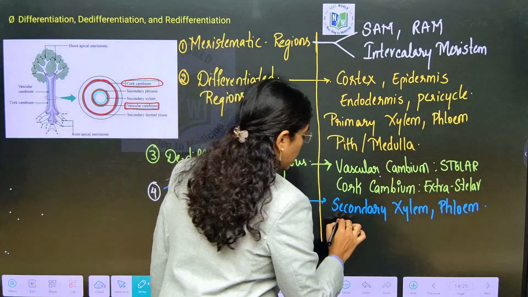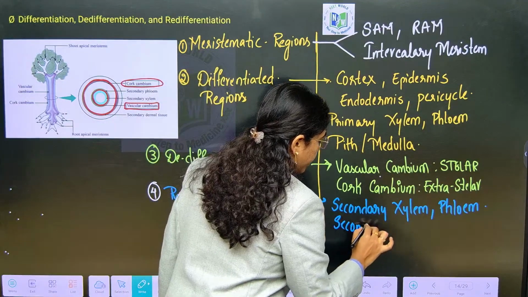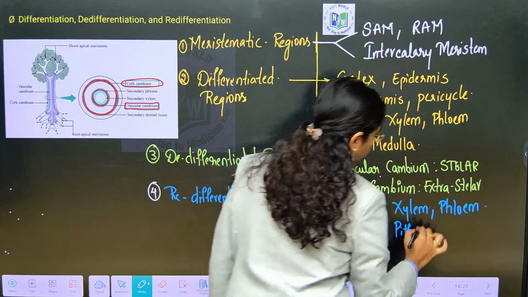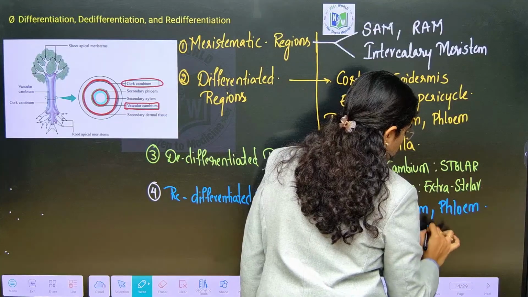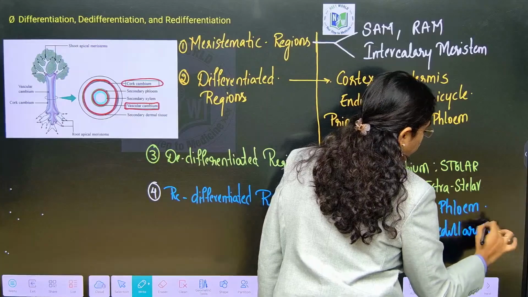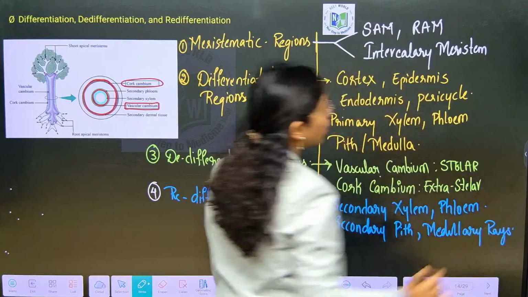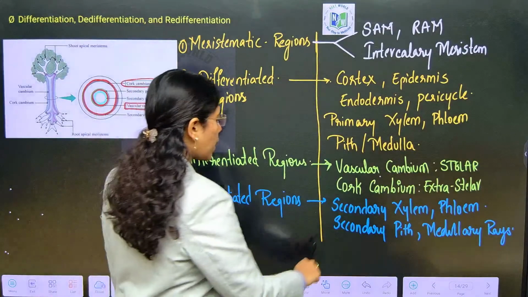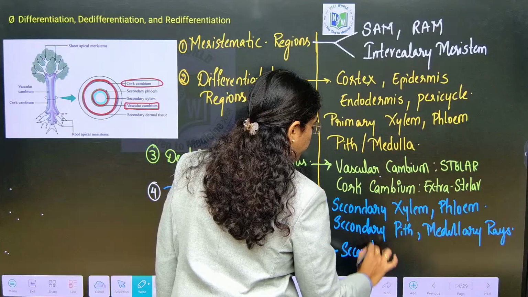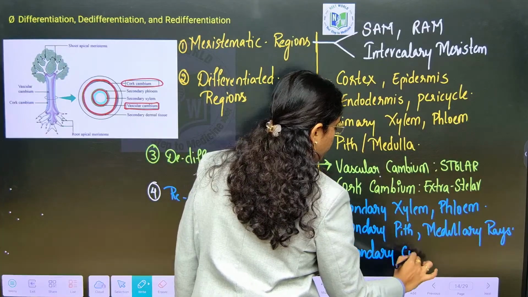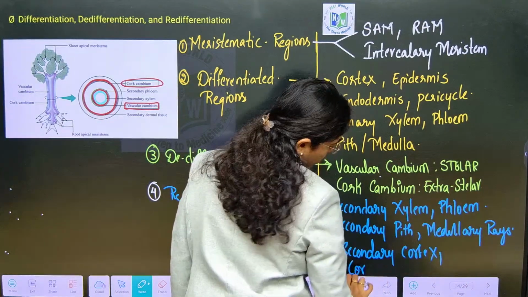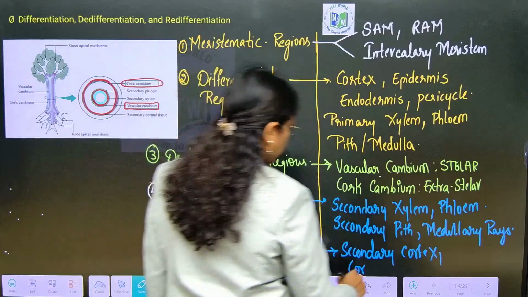You can also observe secondary pith or medulla and secondary medullary rays. And in the cortical region, if you see, you can observe secondary cortex and cork cells or phellem.